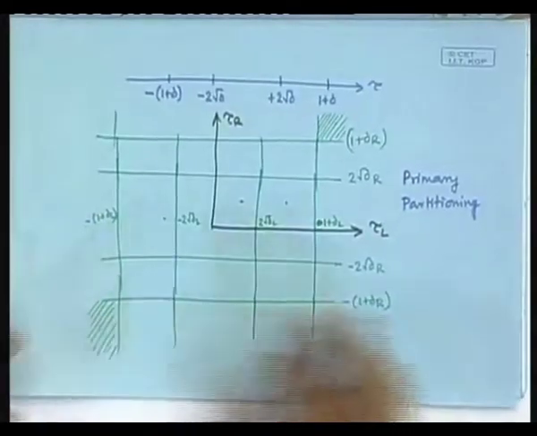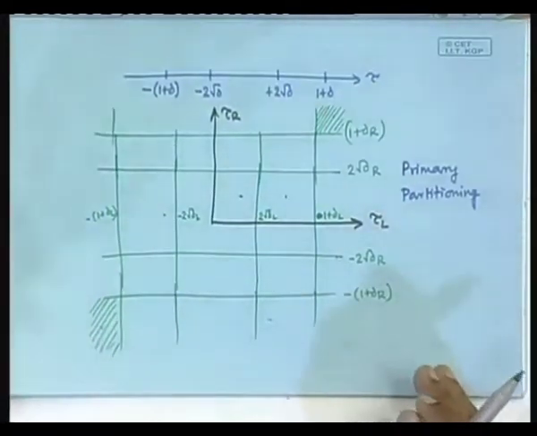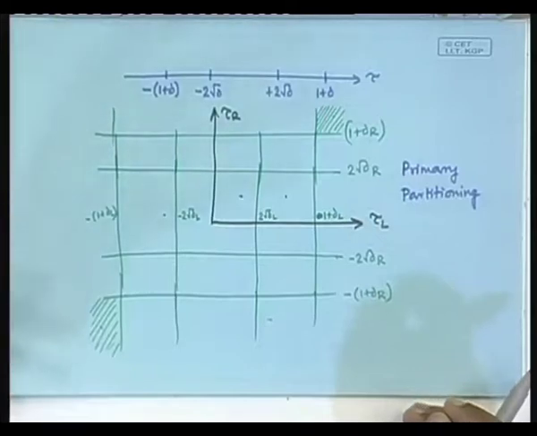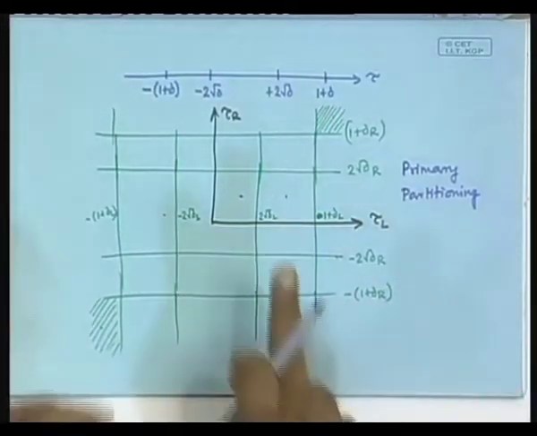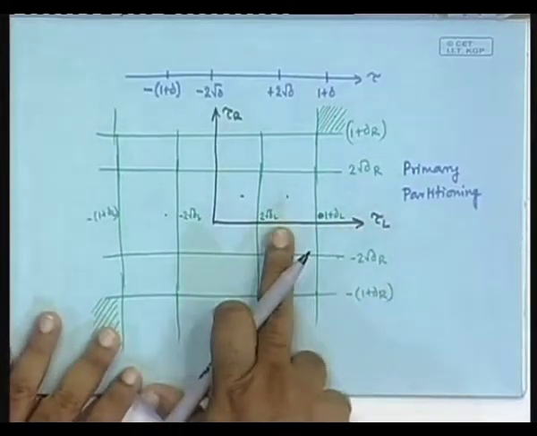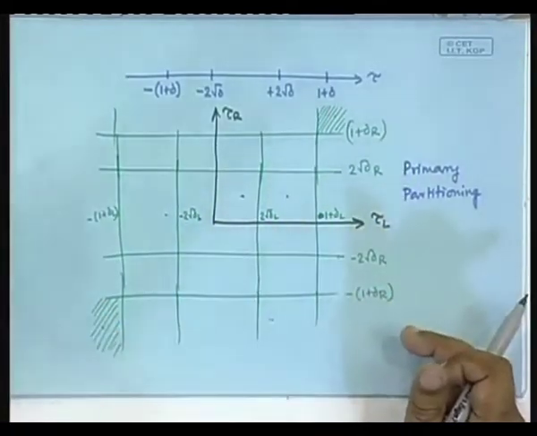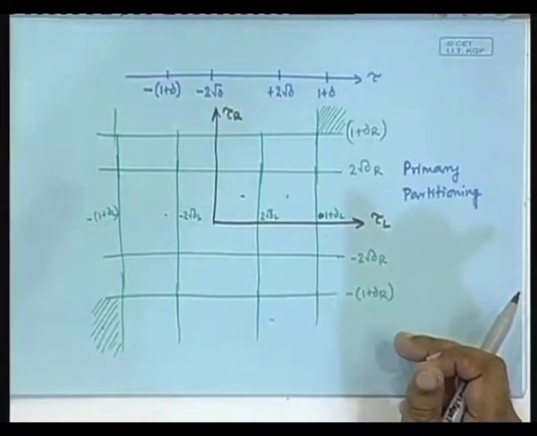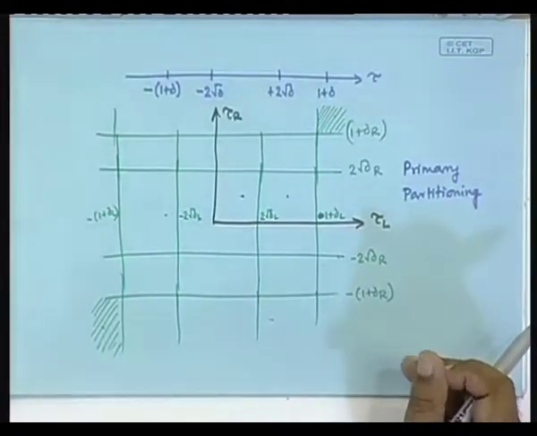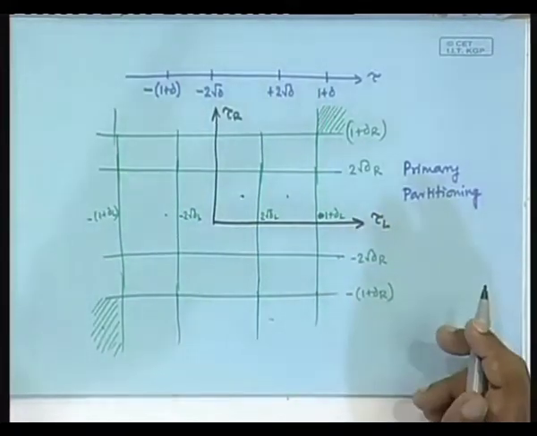While in this case, there is a possibility that both could be unstable. Could both be stable? No, that is not possible. Because you have taken tau L to be greater than 1 plus delta L, that is where you have doomed it. One is definitely unstable, but the other, yes, that could also be unstable.